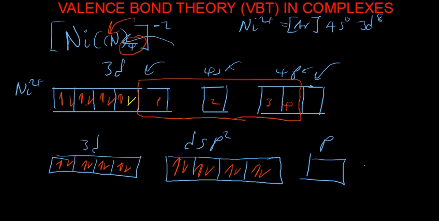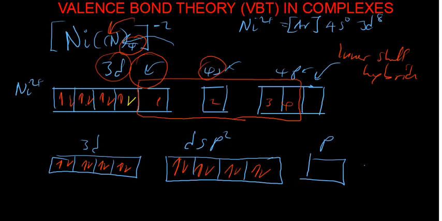Now, because we've used a d orbital in the inner shell, the d orbital which has started from the 3d, we call this inner shell hybridization. Why are we calling it inner shell? Because if we talk of the 4s, 4p, we also have the 4d.